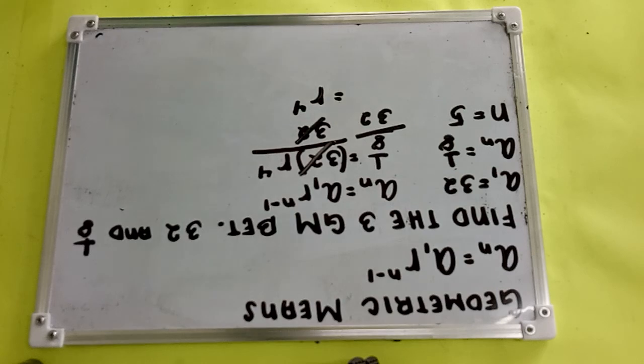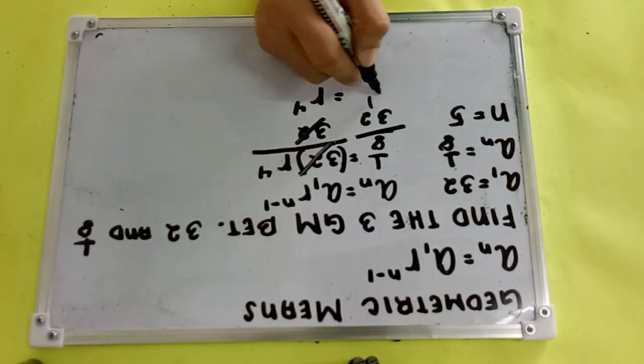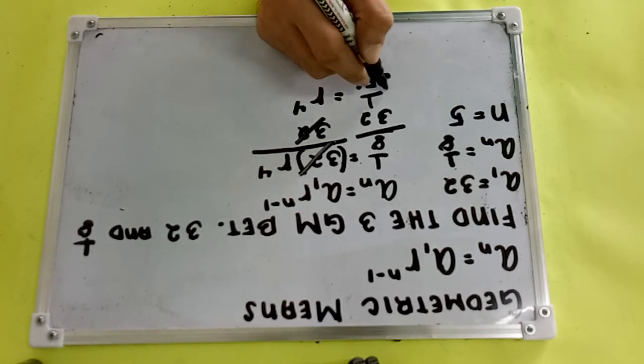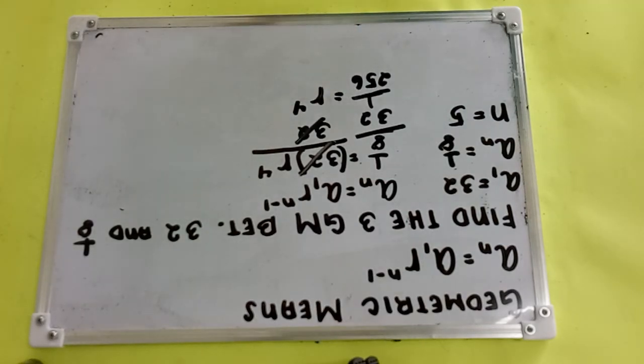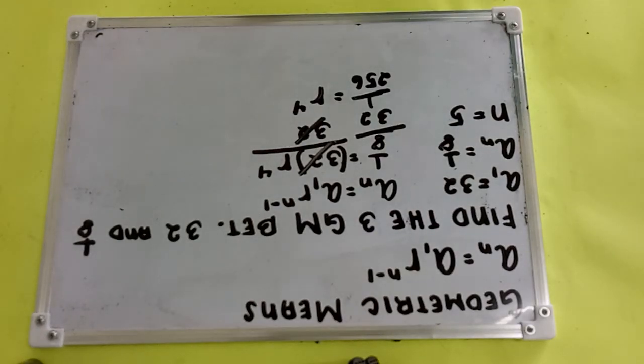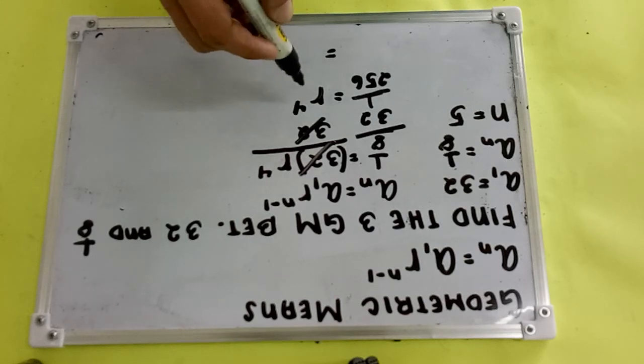And that is 1 over 256. So yan. Next. So natanggal na natin yung coefficient ng r which is 32.